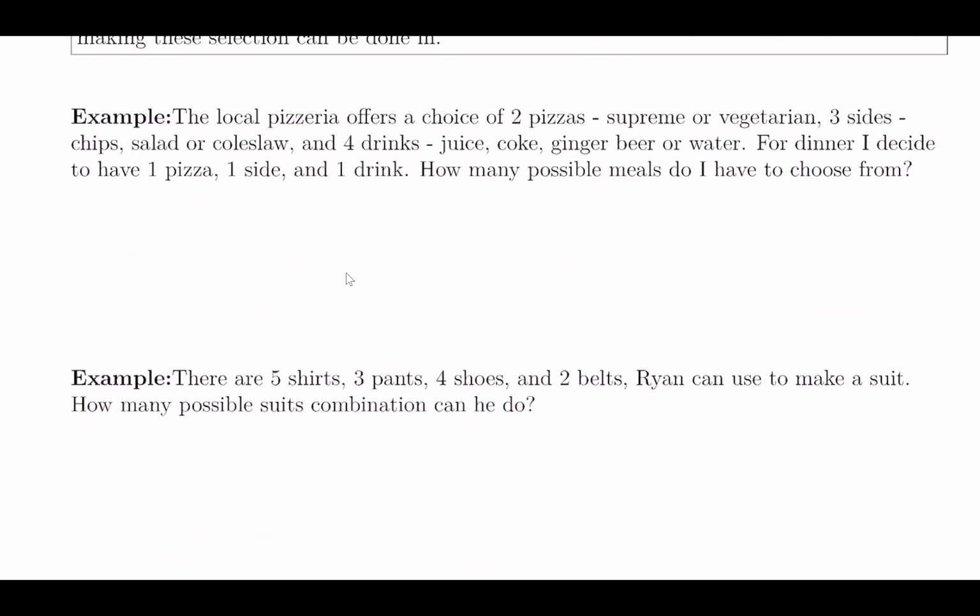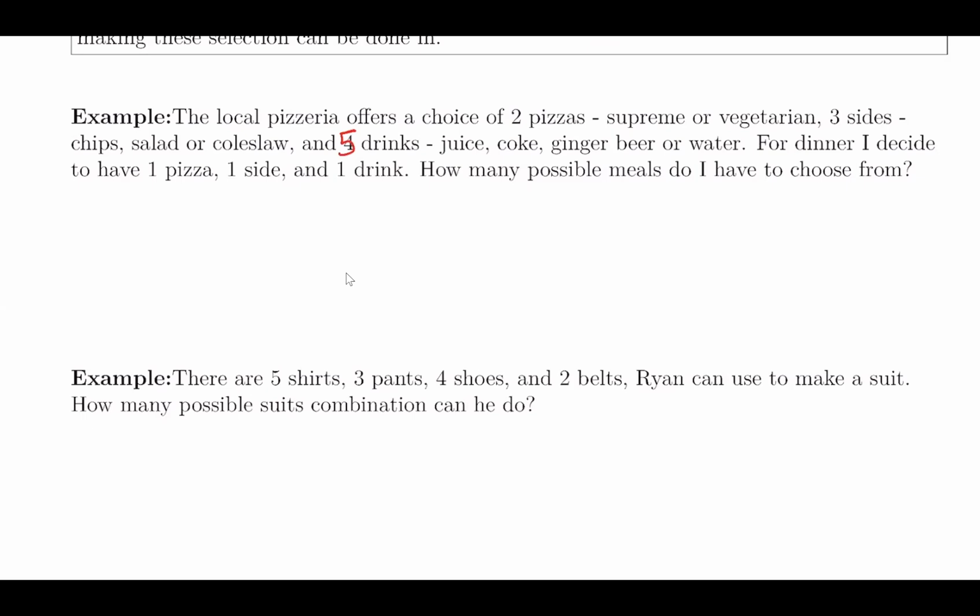All right. So for this next problem, it said the local pizzeria offers a choice of 2 pizzas, supreme or vegetarian, 3 sides of chips, salad or coleslaw, and 4 drinks, juice, Coke, ginger beer, or water. Oh, actually, this one should be 5 because there are 5 different drinks.